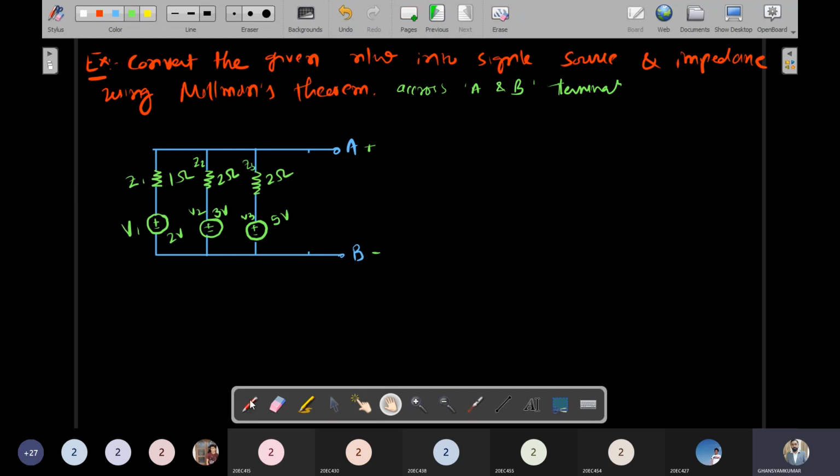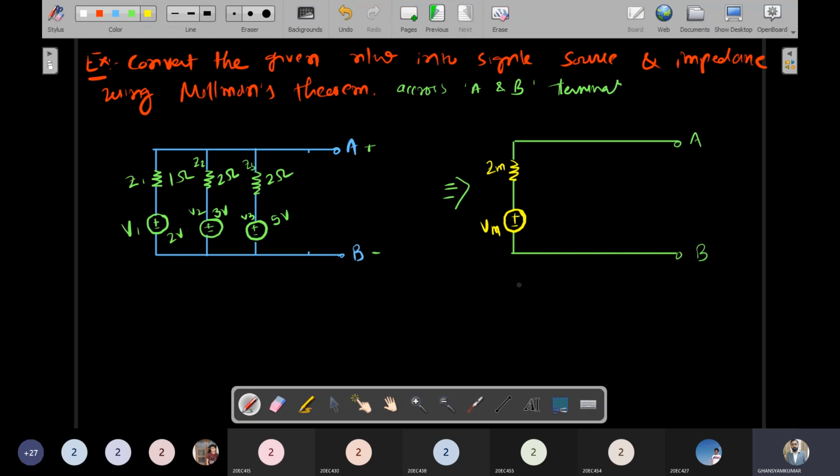So we are going to replace that circuit with a single voltage source and a single impedance across the AB terminal. So here will be A and B terminals, and over here this is converted to Vm, and this one will be Zm.